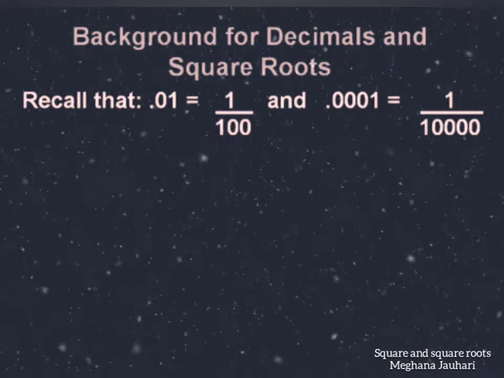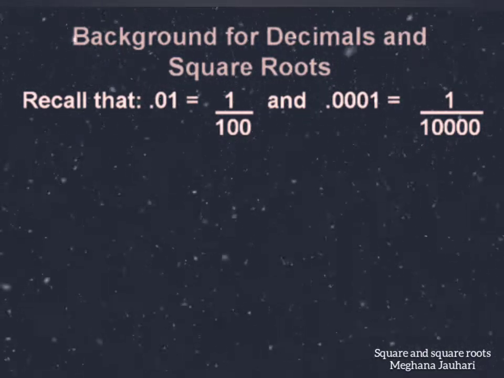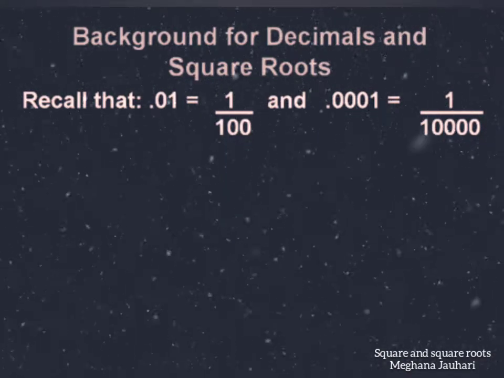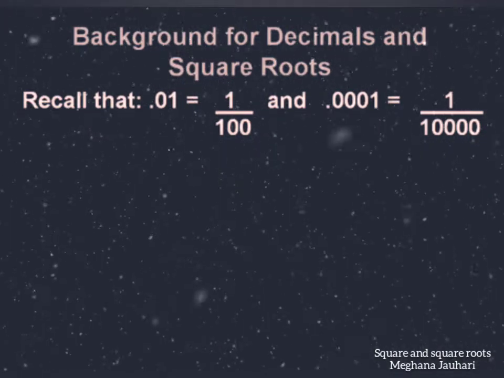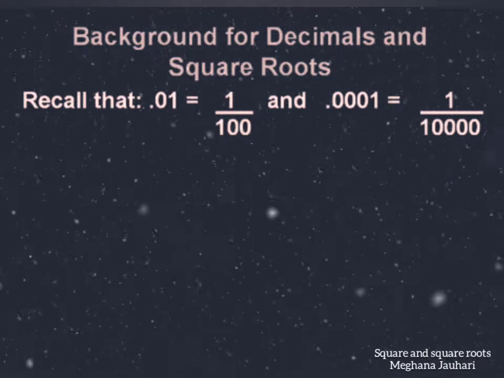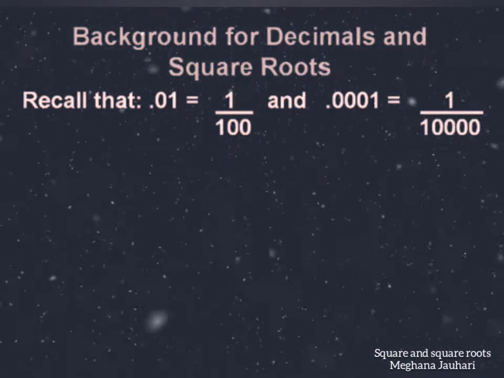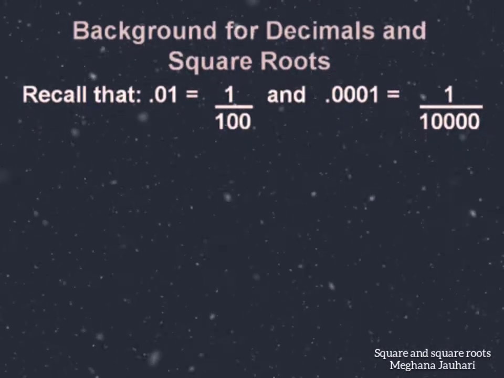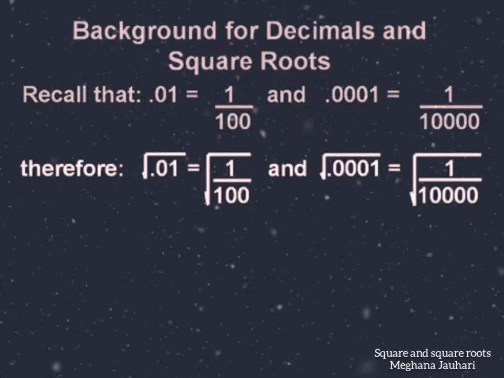If you see the second one, 0.0001 can be written as 1/10,000. Why? Because after the decimal we have tenths, hundredths, thousandths and ten-thousandths. It means that after the decimal point we have 4 places, so in the denominator we add 4 zeros.